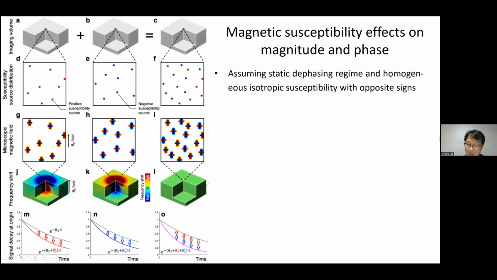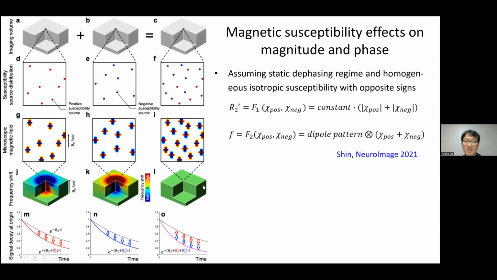The result is we no longer have a field frequency shift outside of the voxel, as they cancel out totally if you are in the static dephasing regime. And again, you have to satisfy these conditions to do it. When it comes to the R2 prime, that's additive, so you have double the R2 prime value as before.